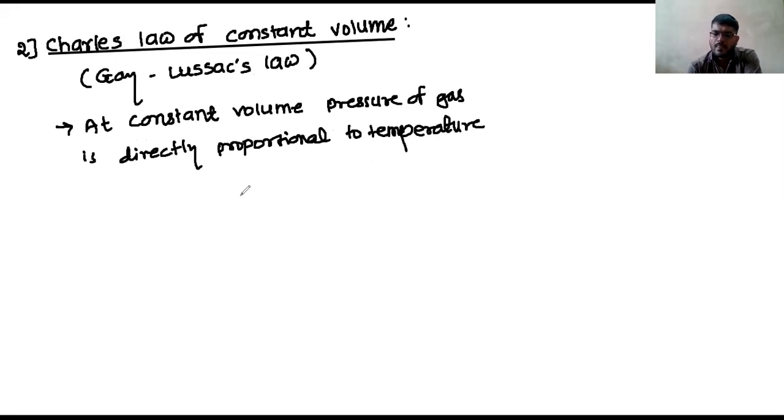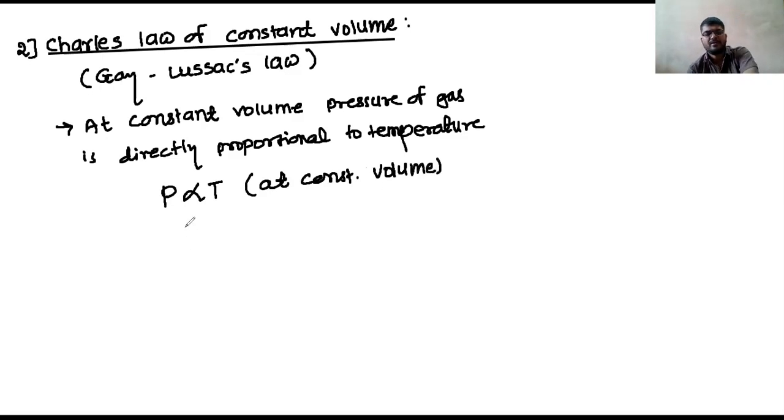Yes, sir. Temperature increases, pressure increases. Temperature decreases, pressure decreases at constant volume. So can I write like this? Pressure is proportional to temperature, in bracket at constant volume. What is that? At constant volume, right?